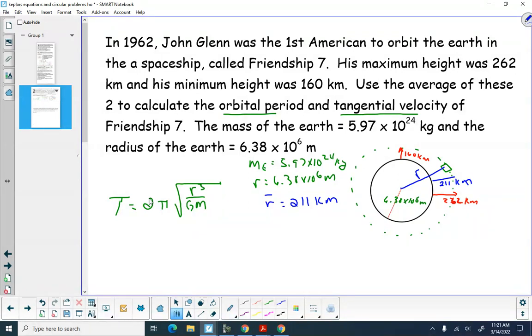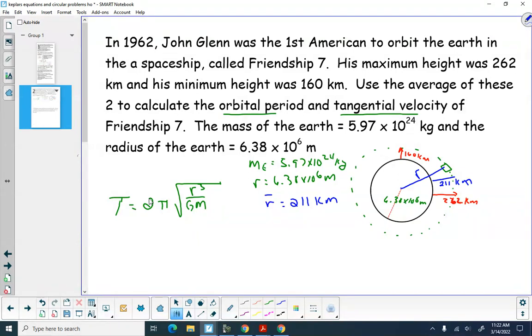Yeah, add them together. But one's in kilometers and one's in meters, so we need to convert them all to the same. What's our G value? Is it in meters or kilometers? It's 6.67 times 10 to the negative 11, in meters. So we want to convert these into meters.